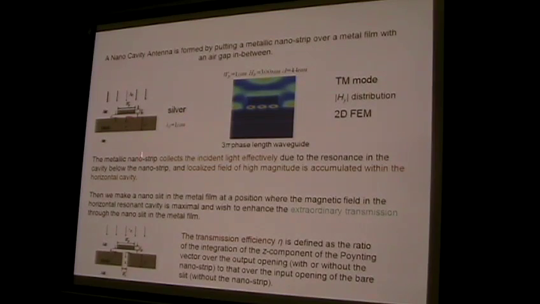Now if we look at this structure before we put in the hole here, the light is shining on this structure, and there's a cavity formed here. And this nano gold lump and the metal thin film surface, they form a cavity. And this cavity plays a very important role.